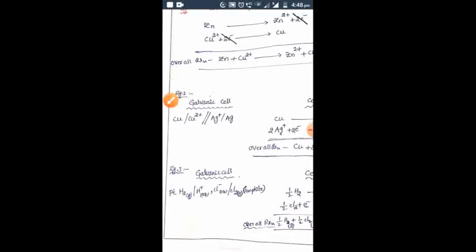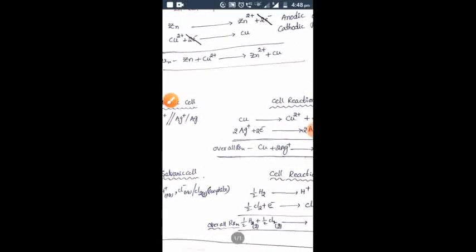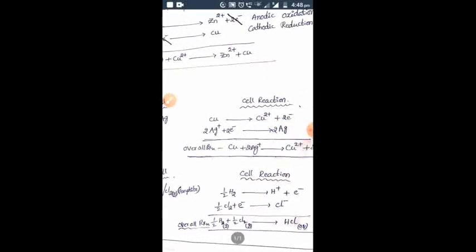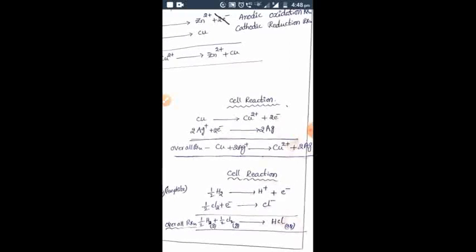That means at the right side of this salt bridge, you can see the reduction process. Here in the reduction process, Ag+ takes one electron and is converted into Ag.